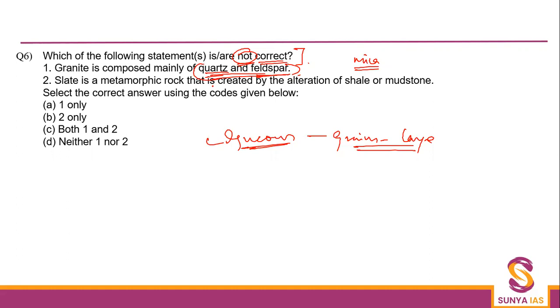So the first statement is correct over here. Granite is composed mainly of quartz and feldspar, that's right. The second statement says that slate is a metamorphic rock that is created by the alteration of shale or mudstone. This is definitely right.